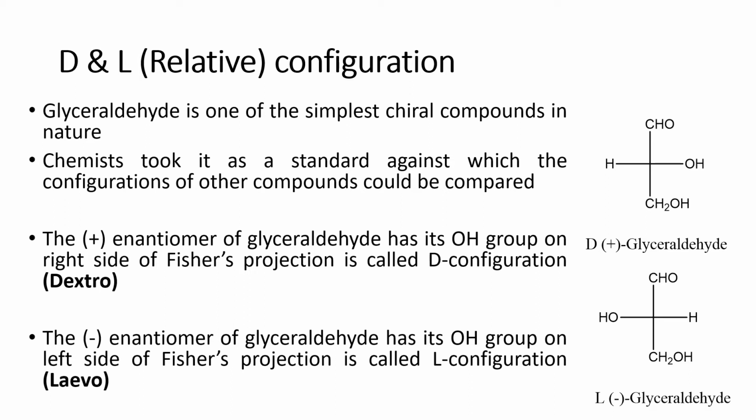As you see, you can see the structure of glyceraldehyde here. It is a simple molecule with a carbon that has 4 different groups: CHO, CH2OH, OH and H. This is represented in the Fischer projection, where the OH is on the right side, and below, the OH is on the left side.